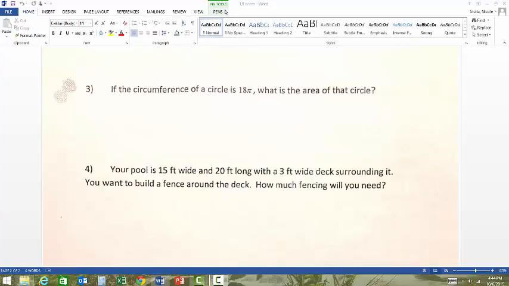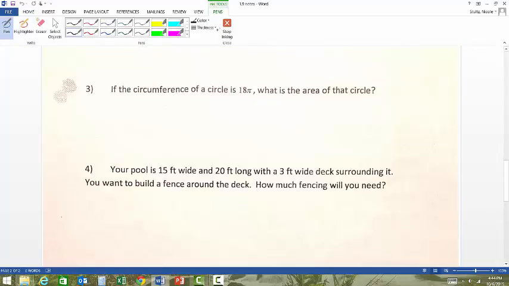In the next example, we're going to work backwards. We're going to be given the circumference of a circle and have to extract information from that to get the area of that same circle. So let's look at the circumference formula again, since that's what we're given.